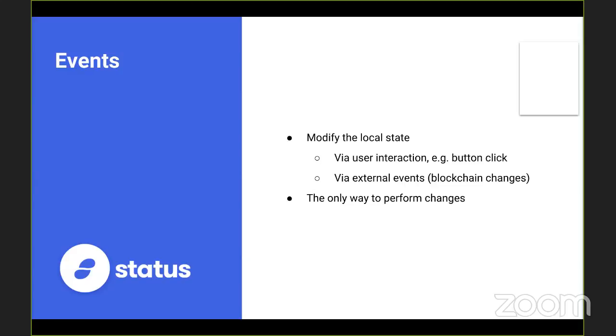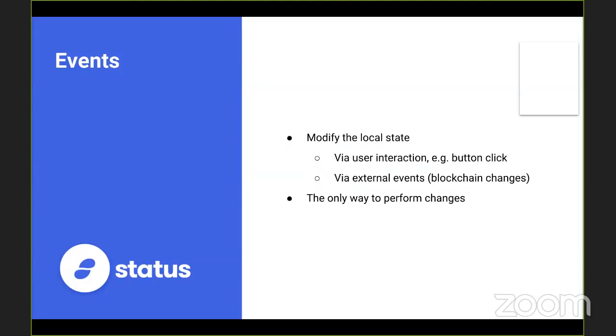This event could be, for instance, I want to perform some contract operation, or I want to send a web request, something like that. Or they will be done via external events, like for instance if you get some blockchain changes, that kind of thing.